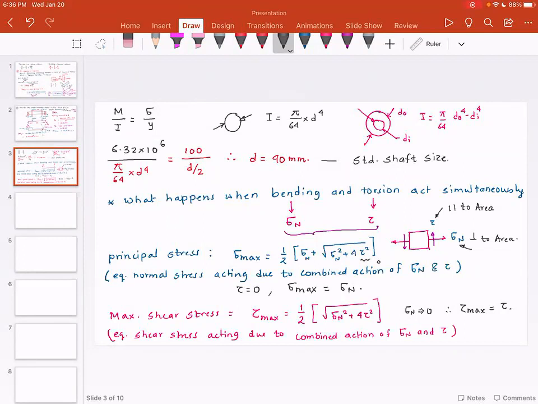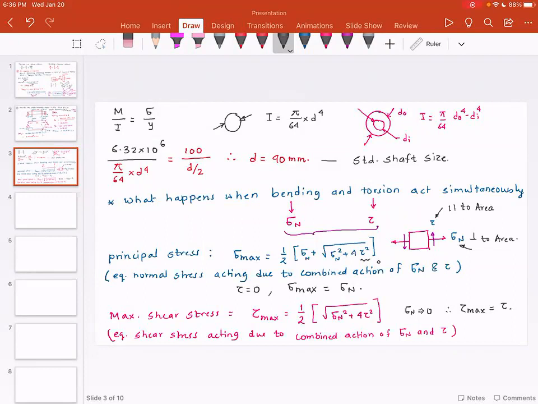Now, the question that may arise is what about the minimum shear stress, or what about the minimum principal stress? Those stresses are important and they do exist, but in the case of design, we want the design to be safe.